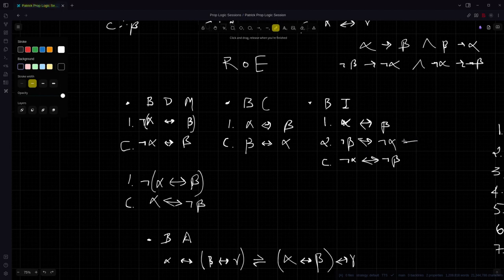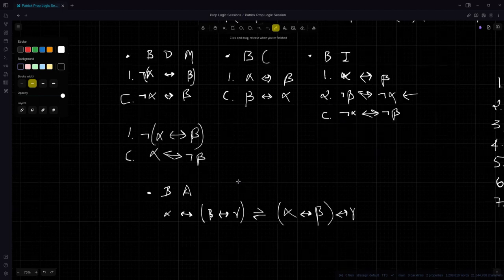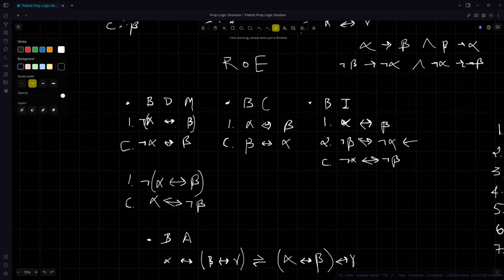We did it over here, but I didn't mention it because I used it in a proof. But yes, another rule of equivalence is a biconditional contrapositive.